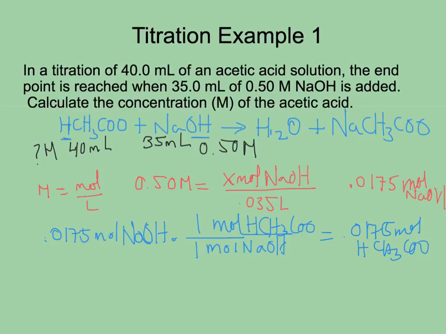Last step is to actually answer the question. The question was, what is the molarity of the acetic acid? So next I'm going to say molarity is moles per volume again, moles per liter. So if I want the molarity of the acetic acid, I know that it's 0.0175 moles divided by my volume, which is 40 milliliters of acid.